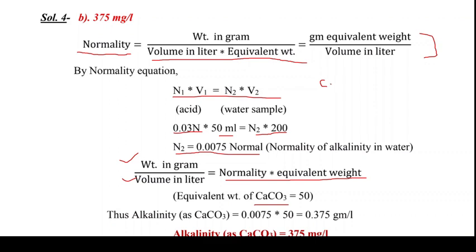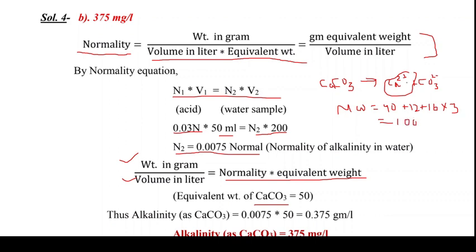When we write the CaCO3 dissociation equation, it gives Ca 2 plus, and the valency is 2. The molecular weight is 40 plus 12 for carbon plus 16 for oxygen into 3, because 3 oxygen atoms, which gives us 100.